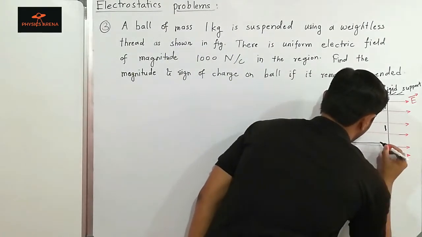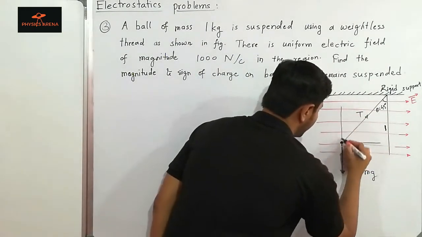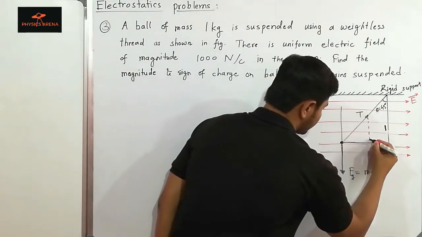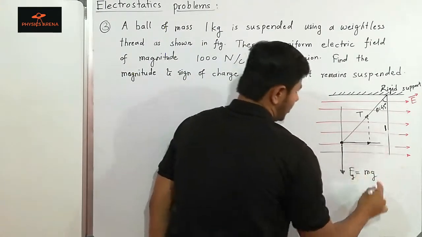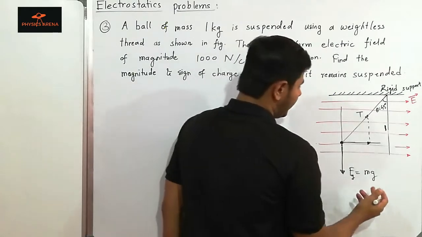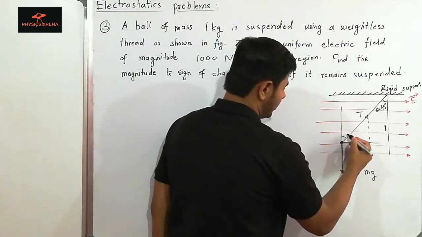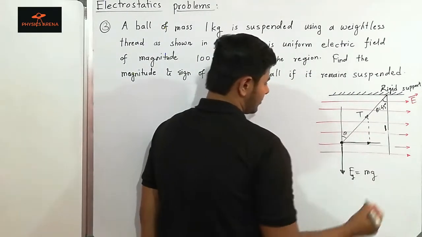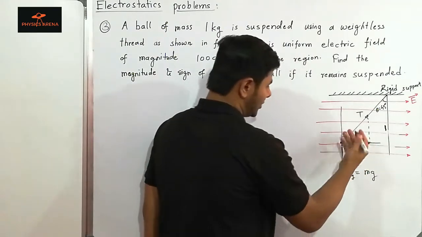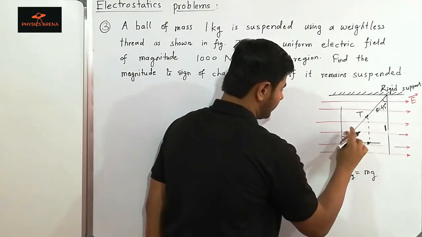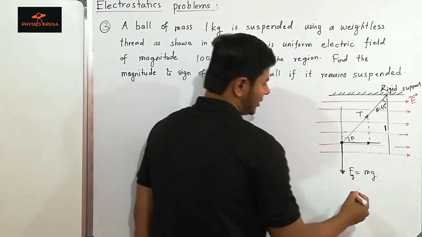So there will be this horizontal and vertical component of T. This is theta equals 45 degrees. So this angle will be theta, or because it's 45 degrees, this is also theta.